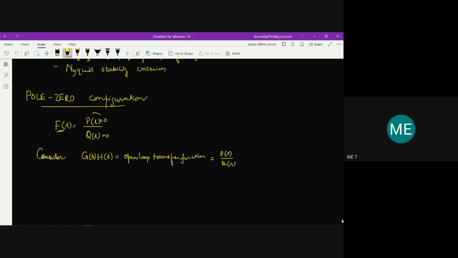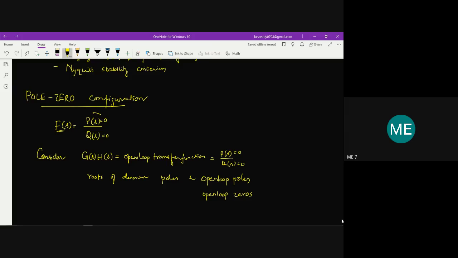The roots of the denominator q of s equal to 0 are the poles, and because it is an open loop transfer function, we call them open loop poles. Similarly, the roots of the numerator p of s equal to 0 we call open loop zeros.